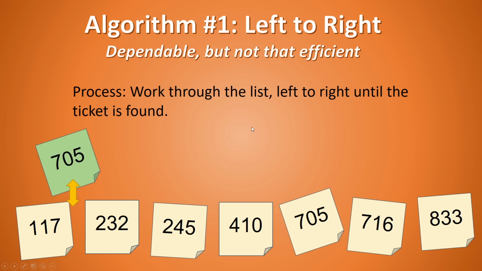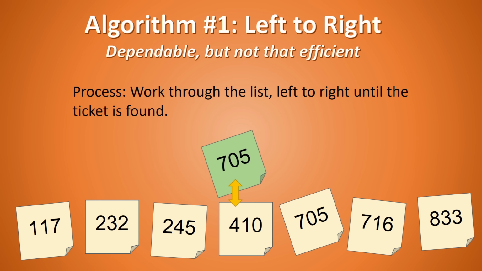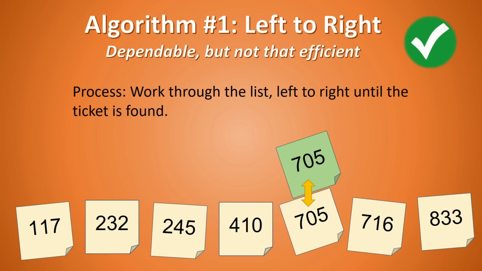You search and you search and you keep looking through the list, and eventually you find the thing you're looking for. It's pretty dependable, but it's not super efficient, and not a really efficient way to find that number in the list. Eventually you'll get there, and on average you probably search half the list before you find it.